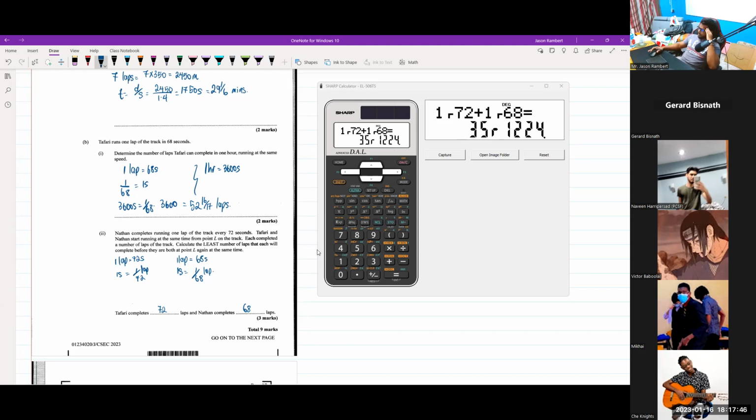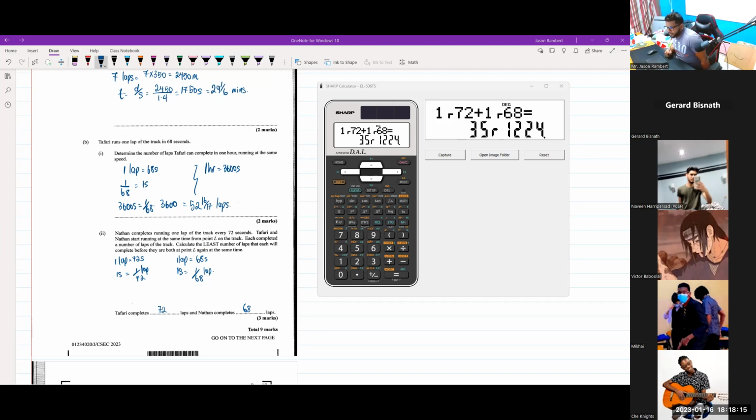I think I get it for Tafari. I know he had one more than Nathan, so it's about Tafari gets 18 and Nathan gets 17. I'm just checking, all right?